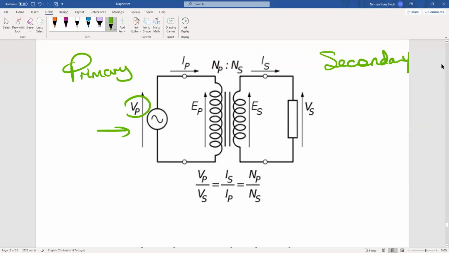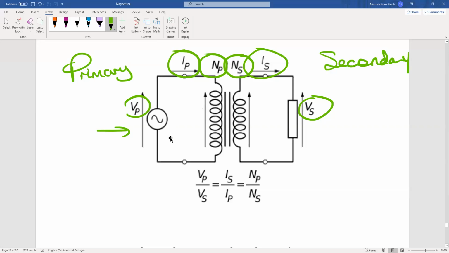We have our primary voltage, our primary current, and the number of turns in our primary coil. You don't really need to know EP at this level. That'll come in at CAPE. I use this exact diagram in my CAPE questions. And let's look at our secondary. We have our secondary voltage, our secondary current, and the number of turns in our secondary coil.